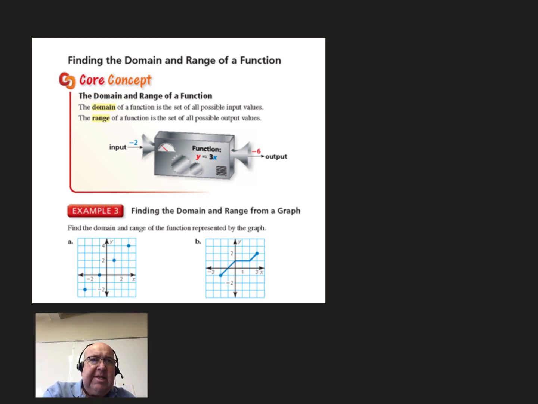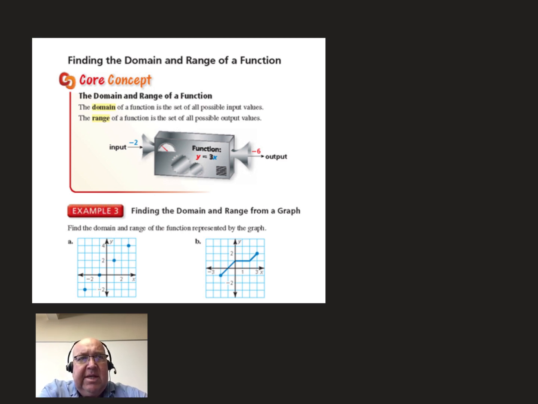And we want to look at it. Alright, so we look at the graph A and we see that it just has 4 distinct points. This is called a discrete graph, meaning that those points are the only numbers that go into the function.